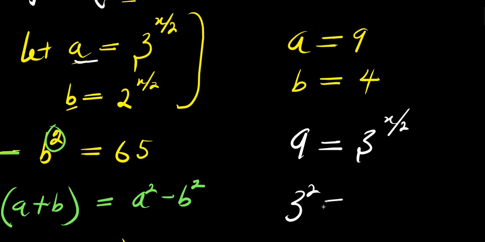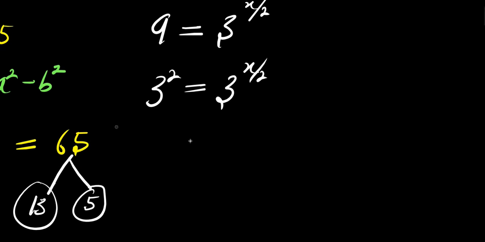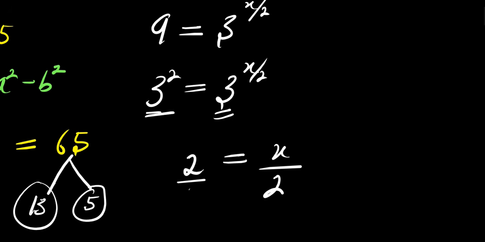We have 3 power 2 equals 3 power x over 2. When the bases are the same, you compare the exponents, meaning 2 equals x over 2. So this over 1, we cross multiply 1 times x. We have x, 2 times 2, we have 4. That means our x is 4.